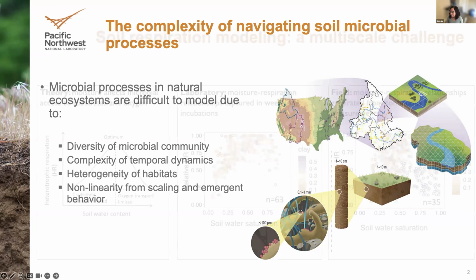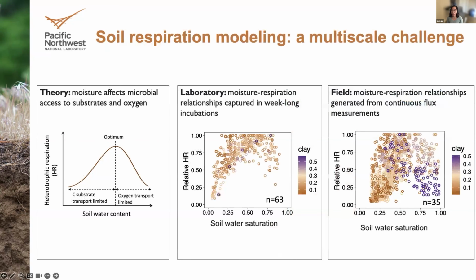Along that line, I want to give a simple example. My favorite thing to model is the soil moisture respiration relationship. We know soil respiration is so important, and there are a lot of drivers like temperature and moisture, which are the typical ones. In theory, we have a pretty good understanding of moisture control on respiration.